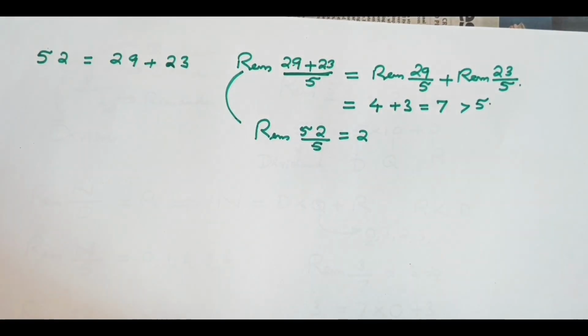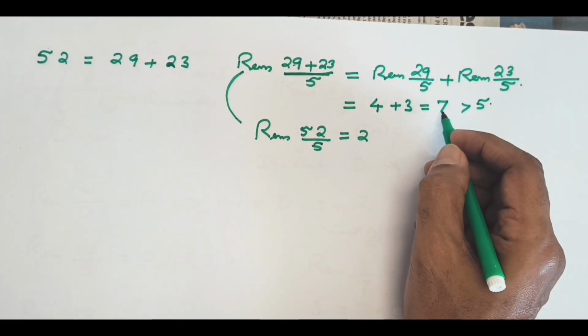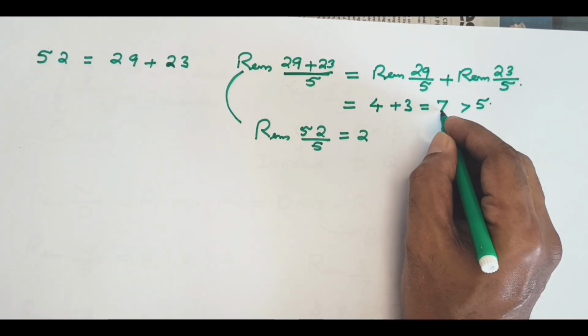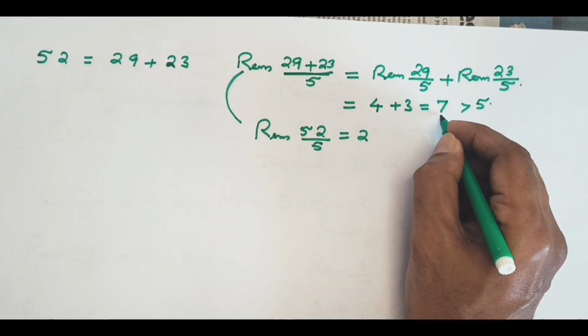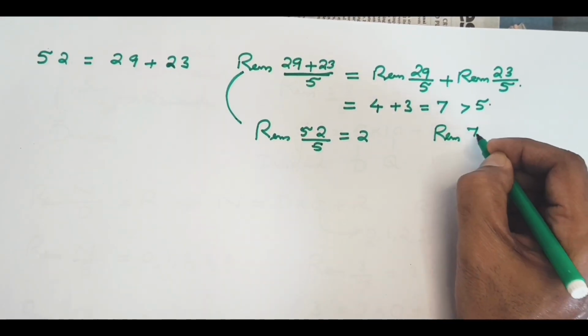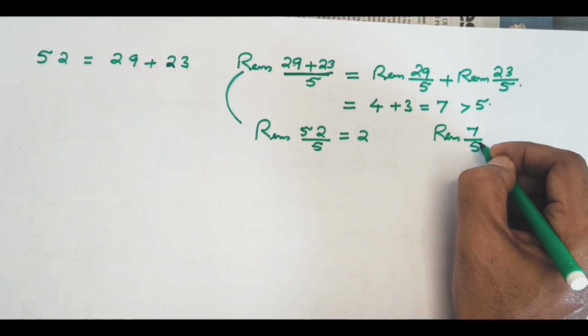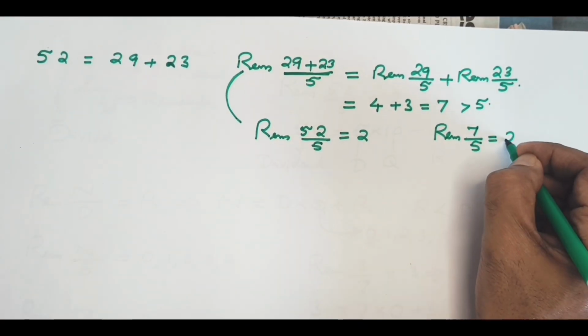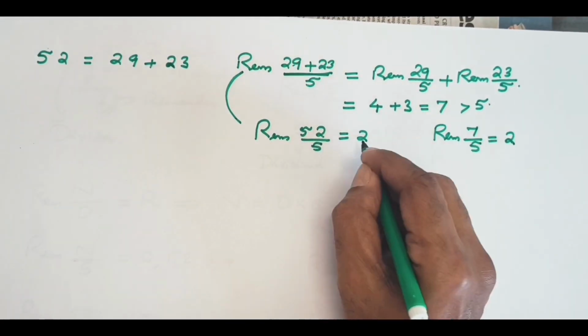So what do you do in such cases? When you end up getting a number like this, which is bigger than the divisor, you don't stop here. What we do is take this 7 and find the remainder of 7 when divided by 5, which is the actual divisor. And what is this actually? 2. And that's equal to this one.